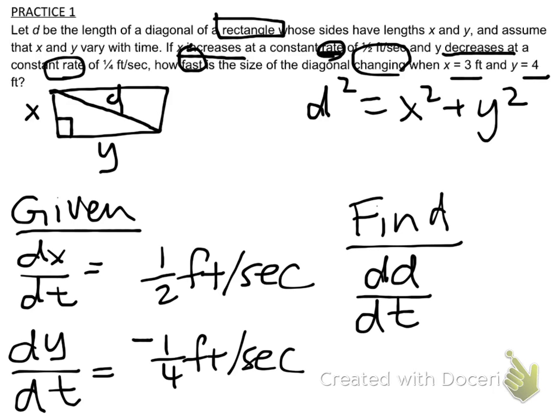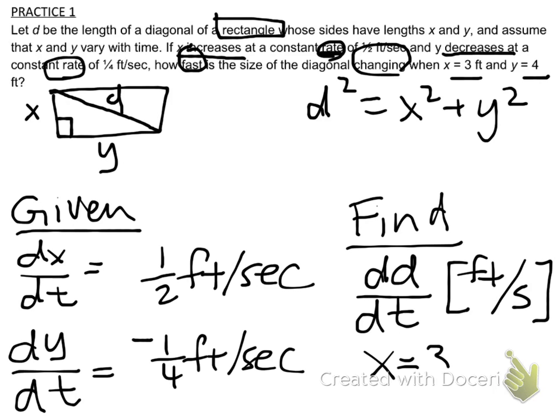But I'm going to find dD over dt. And I know the units for that, I'm going to write that down so I don't make a mistake, is going to be feet per second. And I know that that's when x equals 3 and y equals 4. So hopefully you have more space on your paper than I do. I'm going to start a new page so I can solve the problem.